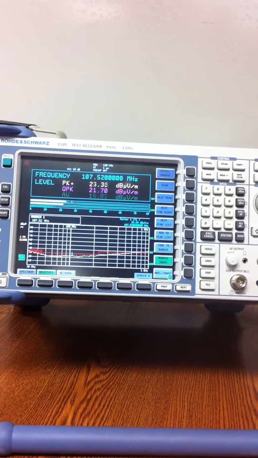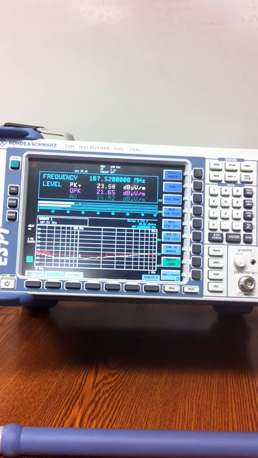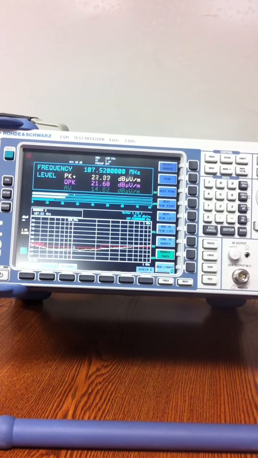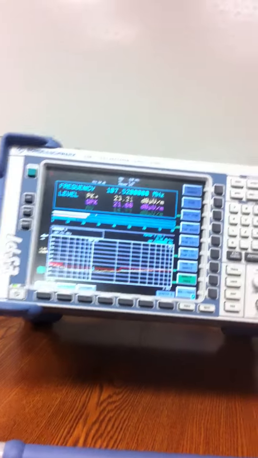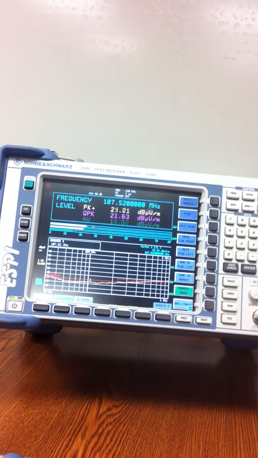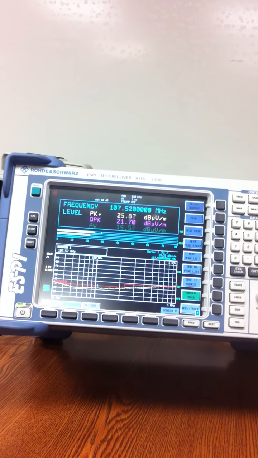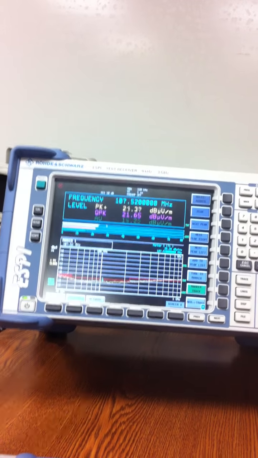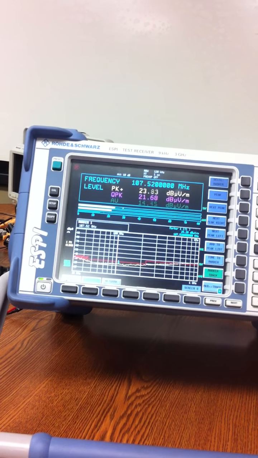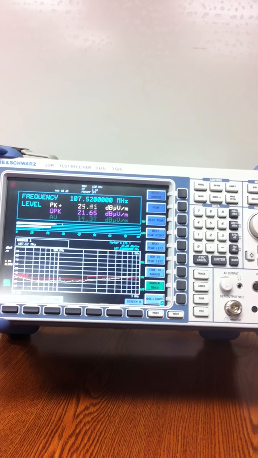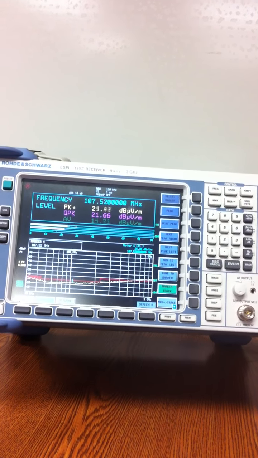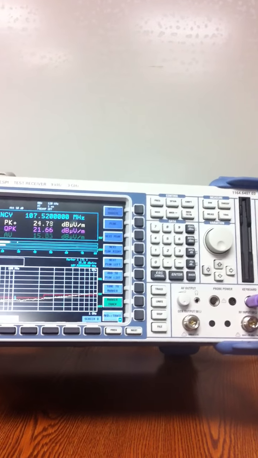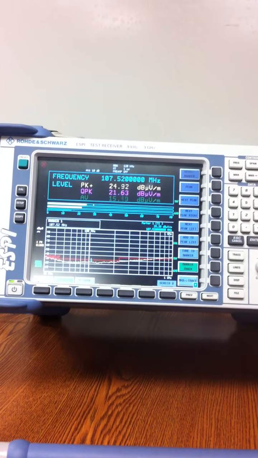Using the sniffer, we do the same thing, but we connect the sniffer here. And the problem with the sniffer is that it's supposed to be a very low signal. And the problem with this receiver is you cannot get the whole dynamic range with just one setting. The problem is how to set the amplifier and how to set the attenuator.